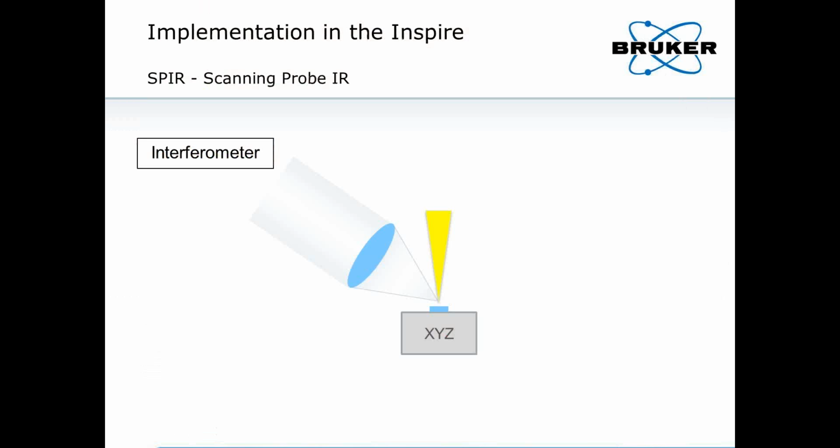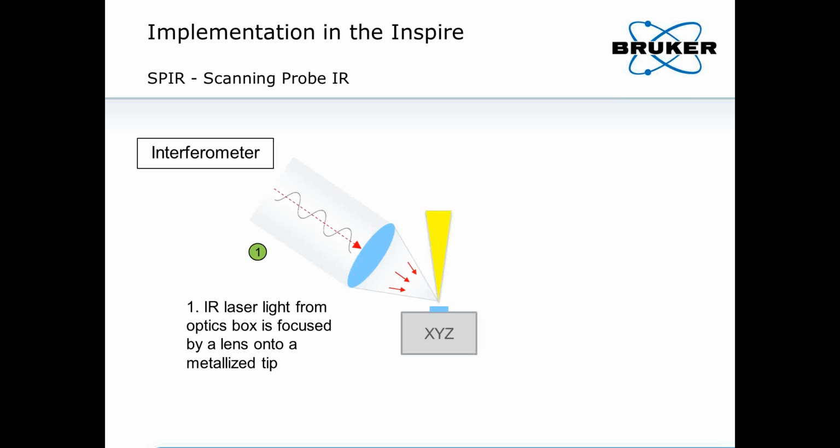So let's go into some details of how SPIR imaging works on the Inspire. The first part of the Inspire optics is an interferometer, which brings in light from an infrared laser that operates at a single infrared frequency, which you choose to be in the region of interest that you're perhaps looking at for an absorption line, such as a carbonyl resonance.